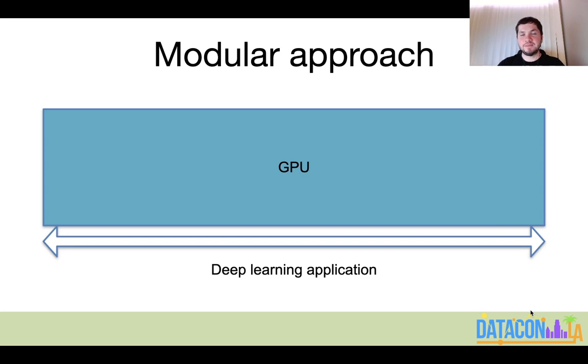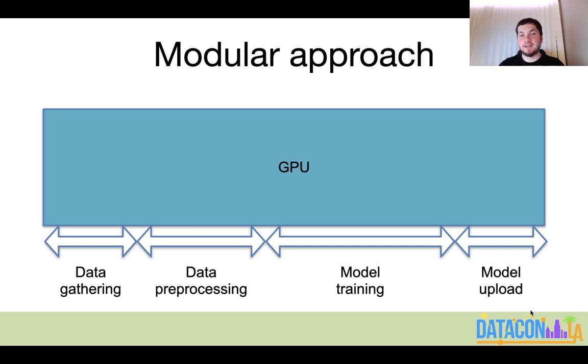So now let's take a step back and look at how we can define an application based on what we learned. In short, let's say we want to put our application just on one machine, but our whole application actually consists of different steps, and steps may have different requirements.